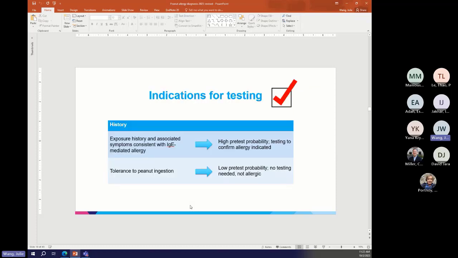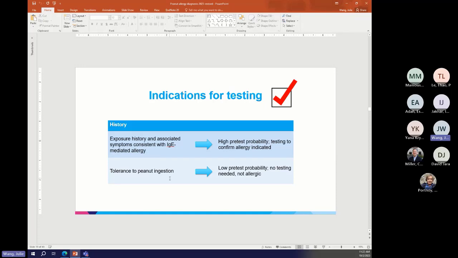Indications for testing depend on the history. If the history of exposure and associated symptoms really points towards IgE-mediated allergy, then that means there's a high pretest probability. Even before testing, you're quite convinced that allergy exists for this person. In this scenario, testing is generally used to confirm allergy.